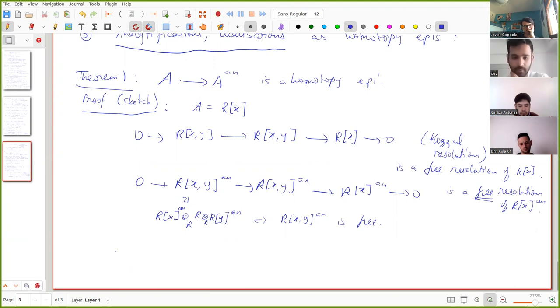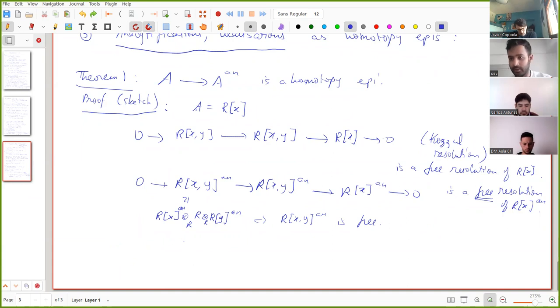And this, as we mentioned, was a model for the derived tensor product. Well, actually I don't need to mention this because of the equivalent criterion I gave.